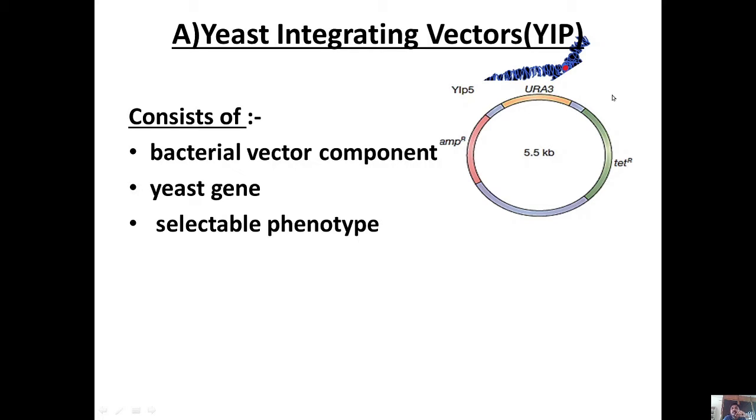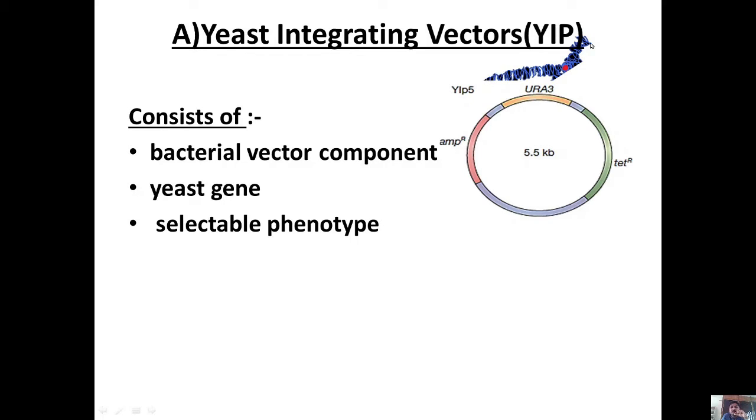So why may this YIP vector be known as yeast integrating vector? Because it can introduce a particular gene into the exact chromosomal location of yeast. That's why these vectors are known as yeast integrating vectors.